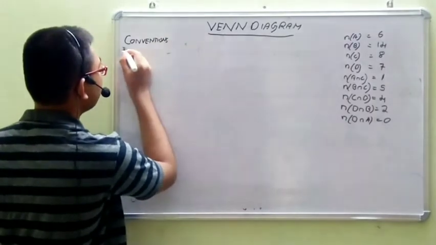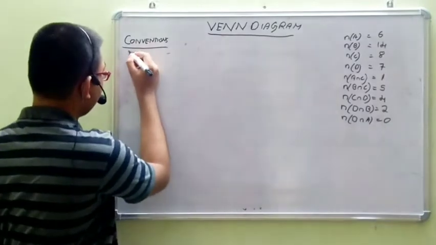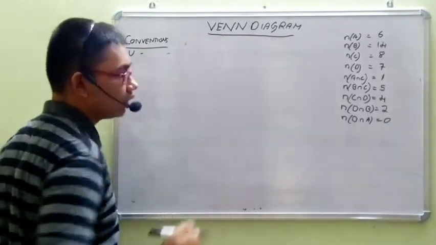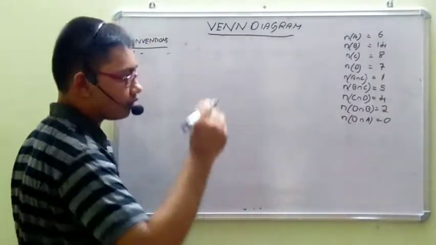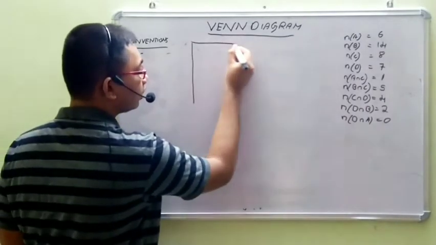Conventions. The first convention is the universal set convention. The universal set will always be represented by a rectangle.